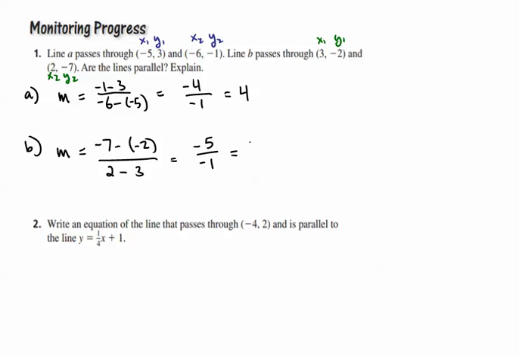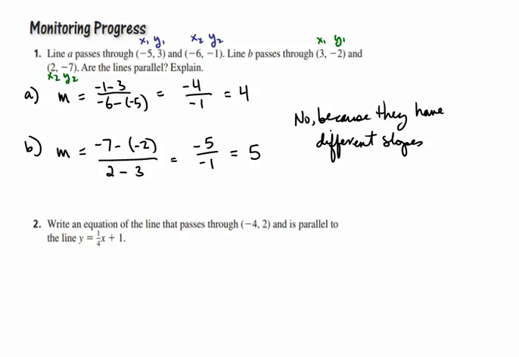Negative 5 divided by negative 1 is positive 5. Are the two lines parallel? No, because they have different slopes. So that does it for problem 1.